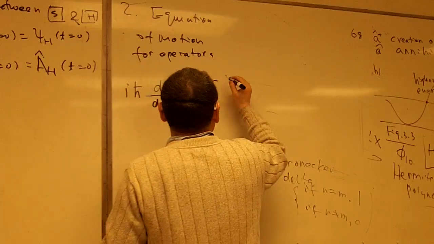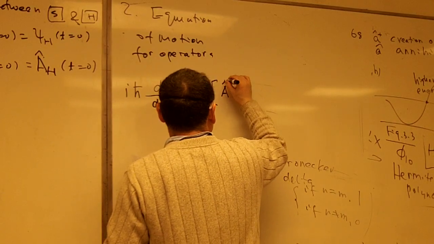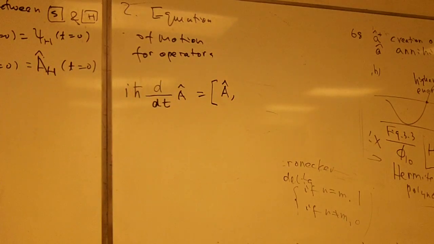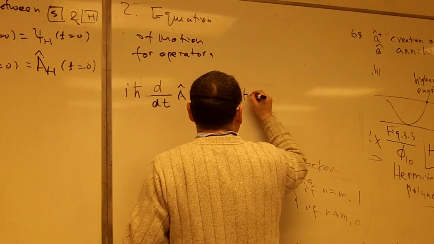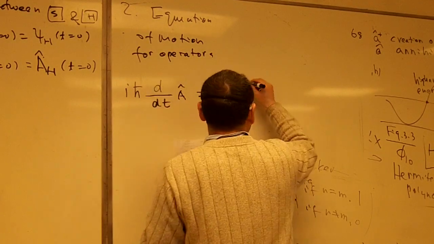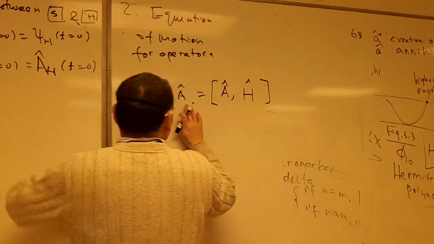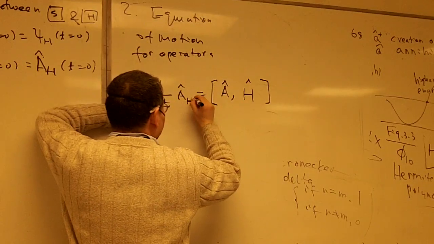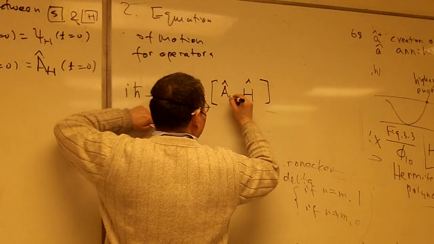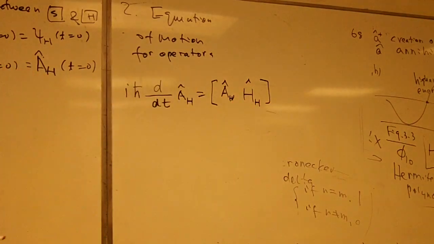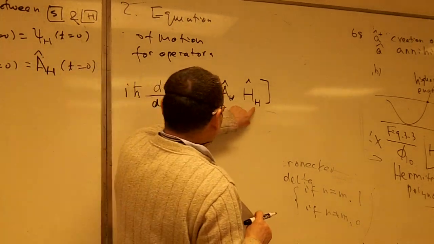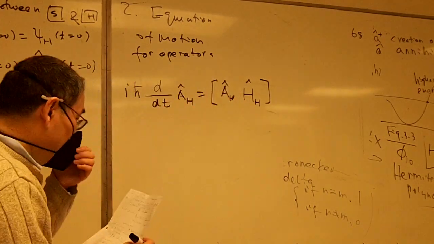And then the Heisenberg picture on the right-hand side has a commutator, not a Hamiltonian times the wave function. It's a commutator with the Hamiltonian. So this A has to add a subscript H here, and H here. This all means the Heisenberg picture. So you must have H everywhere.